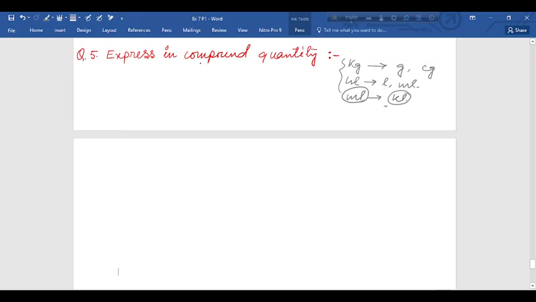Now it says express in compound quantity. That means it has to be everything. Let me start one question, then you will come to understand.